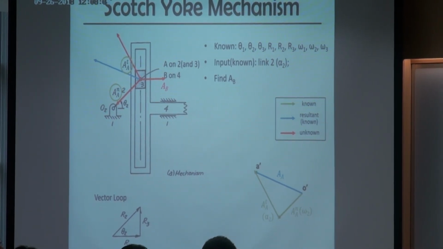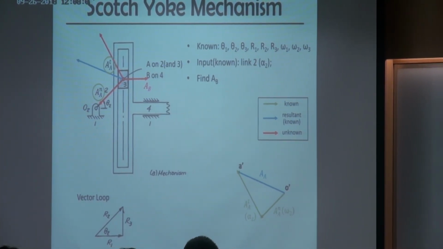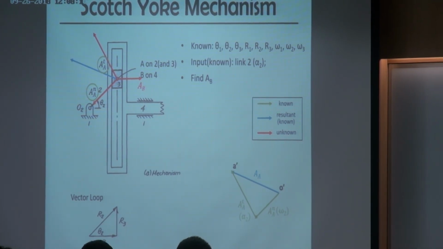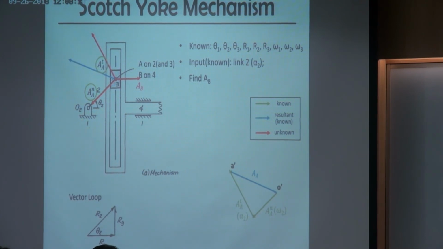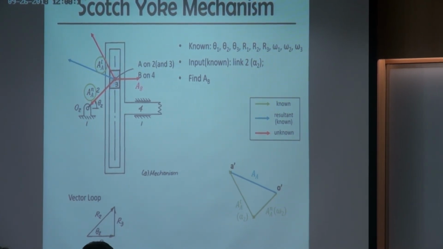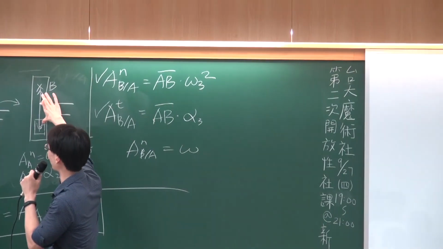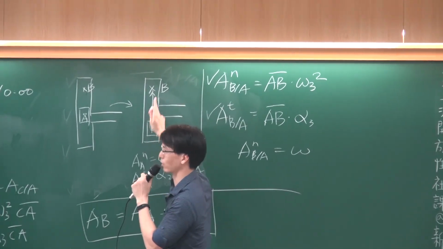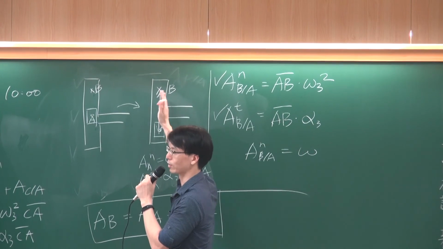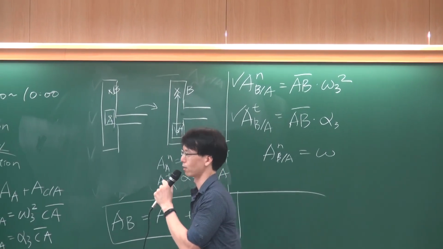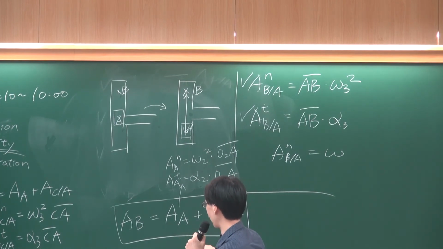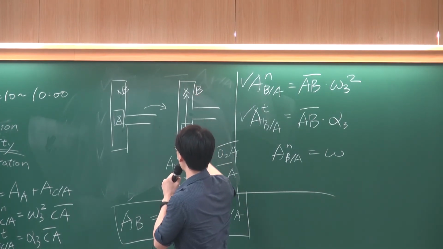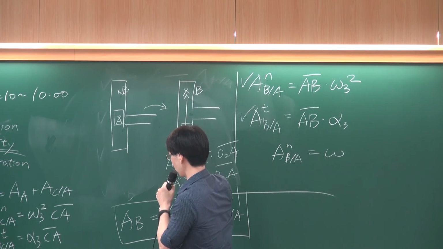Because BA, although the length may change, never rotates, they are not going to have any angular velocity or acceleration. The only possible acceleration is in this direction. So there's no centripetal or tangent component of the acceleration.